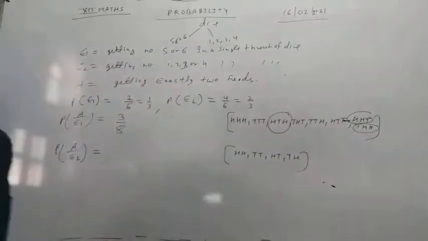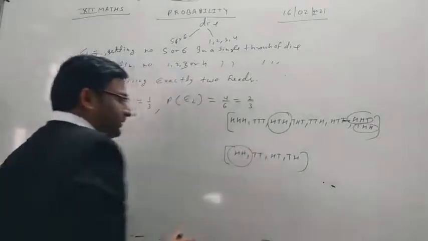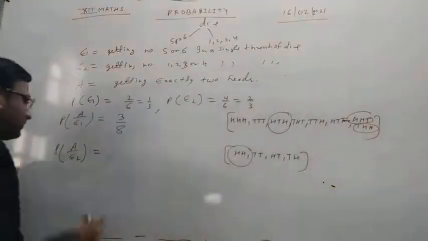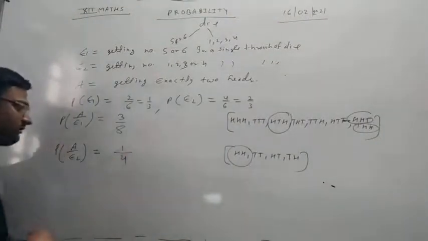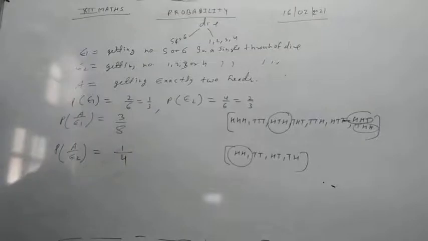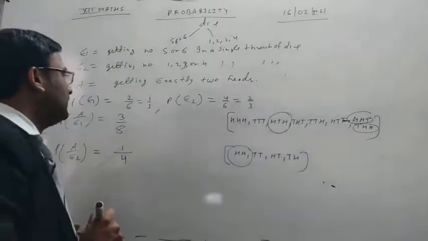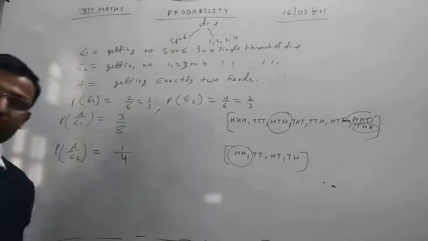This will be the set of outcomes, and we see that there is only one case in which 2 heads are available. So the probability of this will be 1 by 4, students. Now the question says, what is the probability that she threw 1, 2, 3 or 4 with the die.